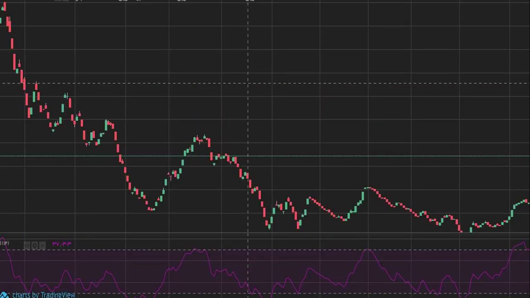In this downward movement, you can see we have 1, 2, 3, 4, 5, 6, 7, 8, 9, 10, 11, 12, about 20 candles. We have a downward movement which has about 20 candles. Also, we have the same thing here.